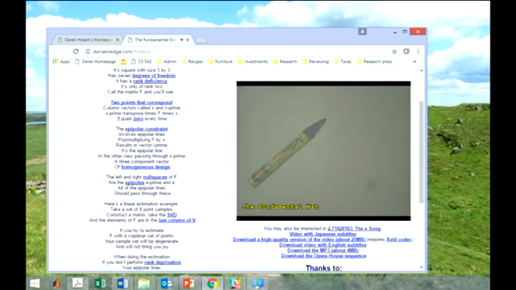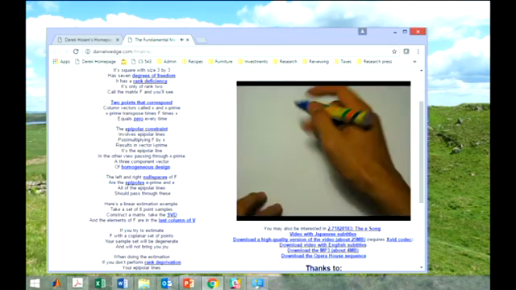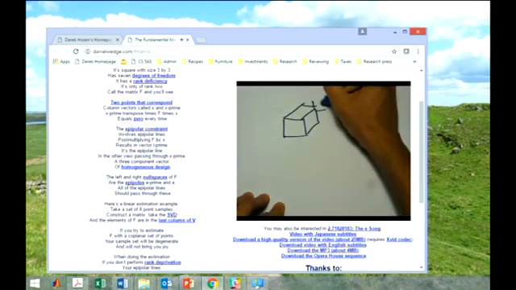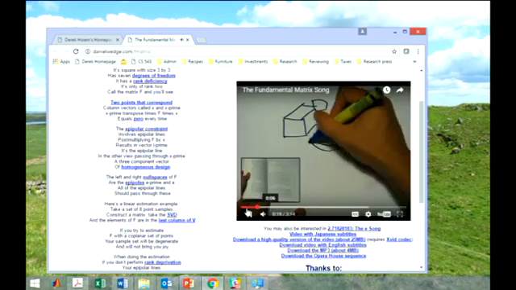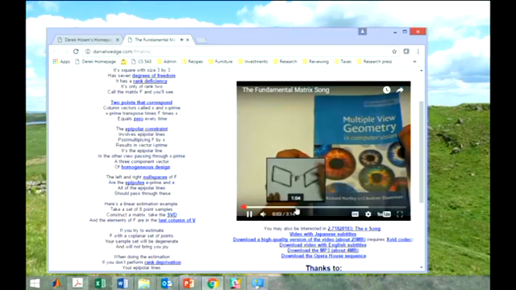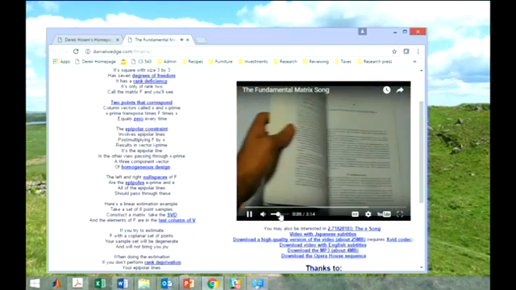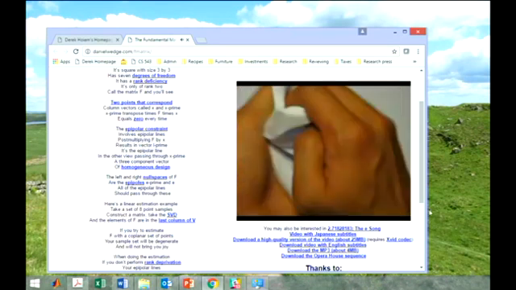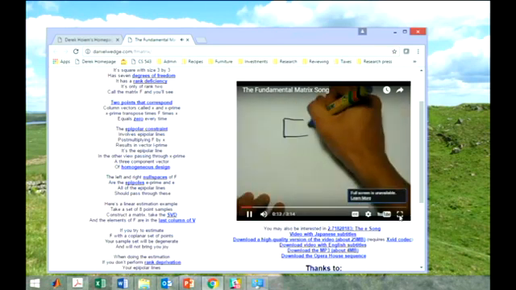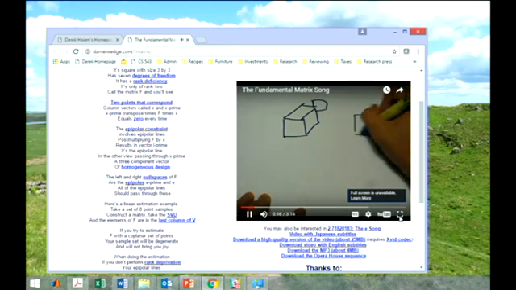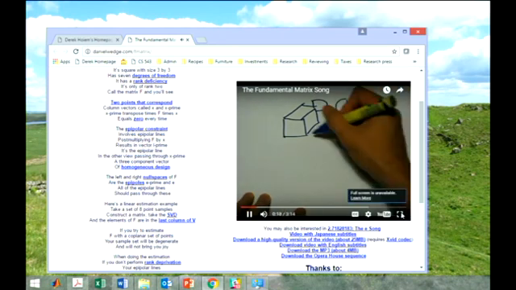The fundamental matrix used in stereo geometry.